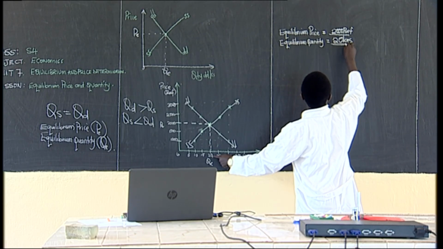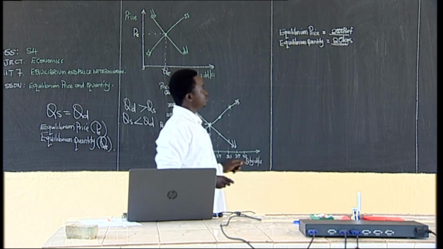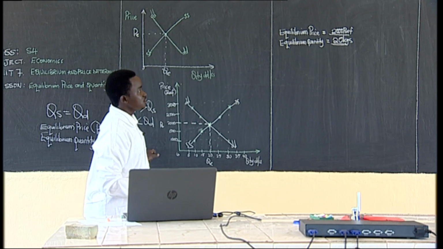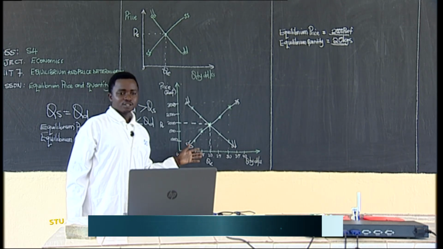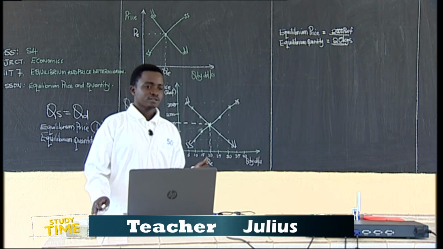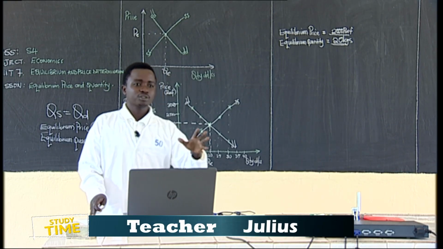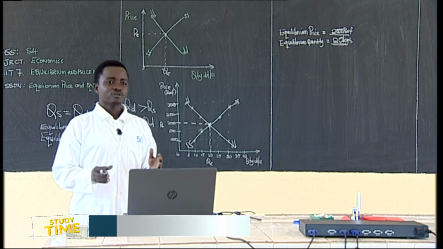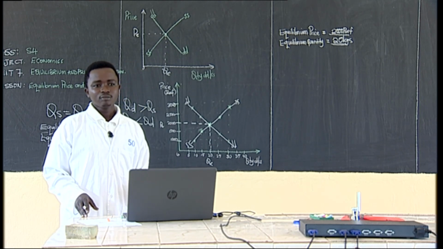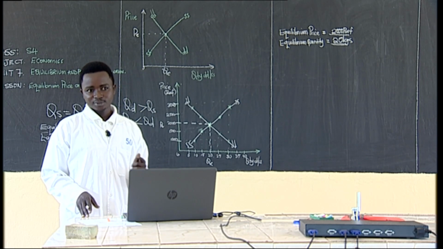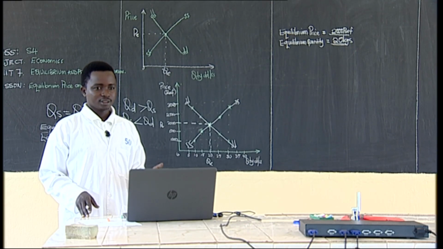So that's how you can determine your equilibrium price and equilibrium quantity. You should be in a position now to plot quantity demanded and quantity supplied on the same graph and determine equilibrium price and equilibrium quantity.